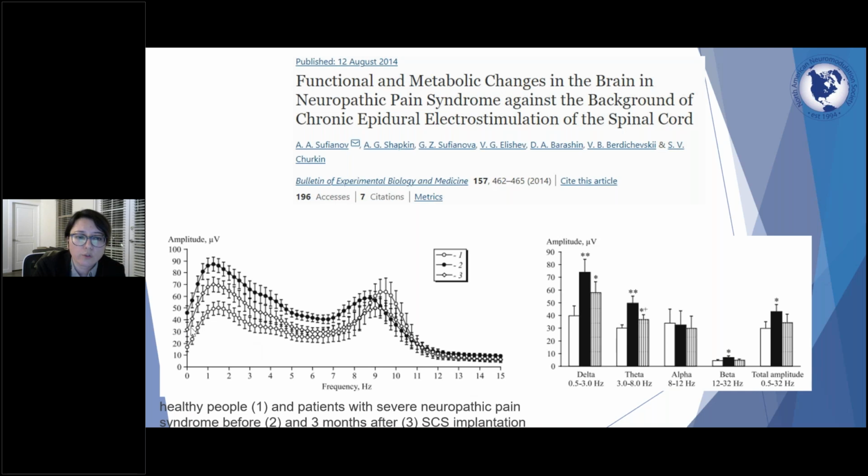The control group is shown with clear circles here at the bottom, and the neuropathic pain group before SCS is shown in the dark circles, and the same group after 3 months of SCS treatment is shown in the light diamonds.